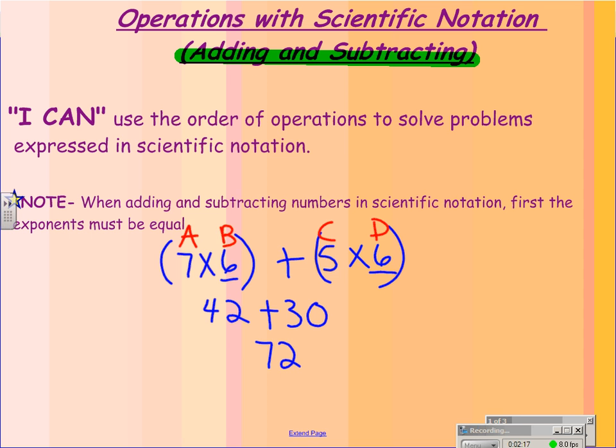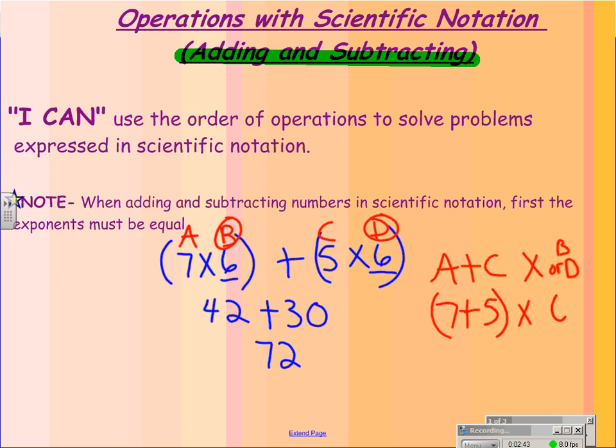Well, the format we're going to be following today is that idea of A, B, C, and D, where B and D are really the same number, and we add A plus C. So I would do 7 plus 5, put that in parentheses, and then multiply it by, in this case, 6. 7 plus 5 is 12. 12 times 6 is 72.